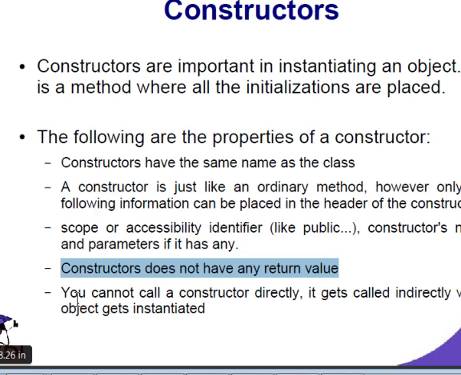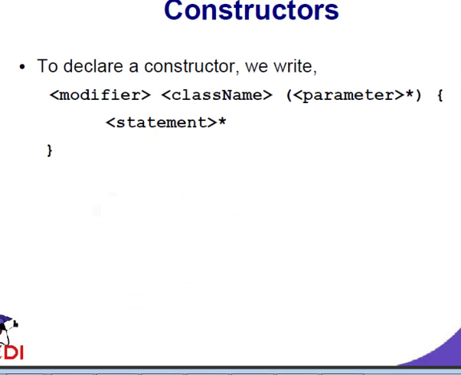You're not calling the constructor method directly. The constructor method is actually called indirectly by Java when an object instance is created. Okay, so let's see the structure of a constructor method. You have a modifier such as private or public, and then you have the class name.